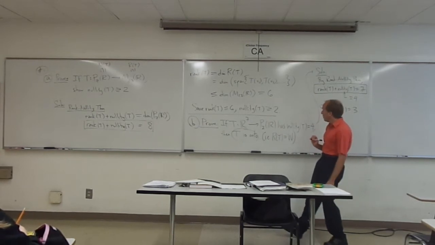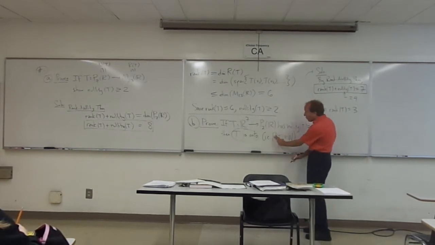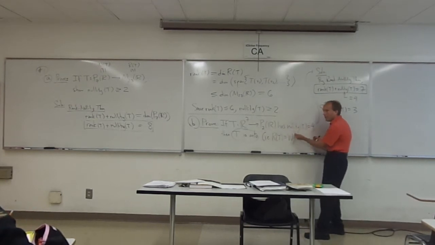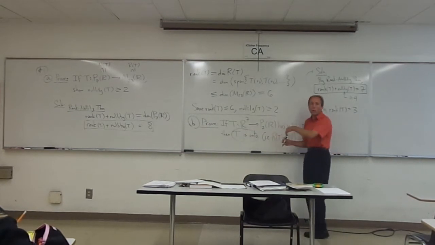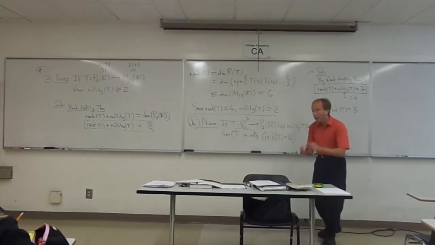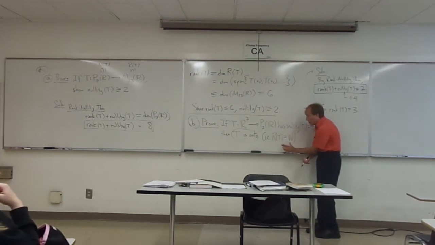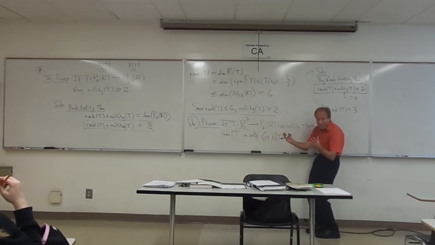Now normally to prove that two sets are equal, you have to show this is a subset of this and this is a subset of this. However, it's always true that R of T is contained in W. So this one is a subspace of this one, always, for a transformation.